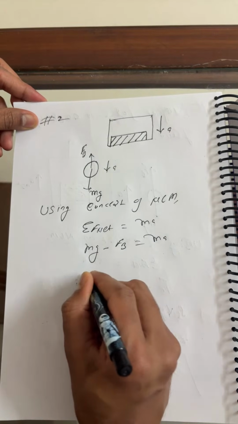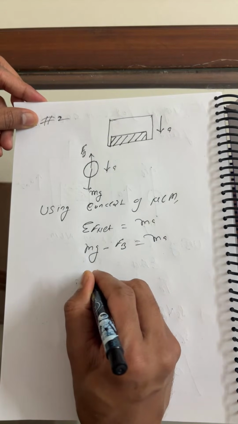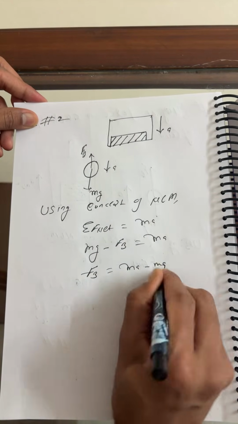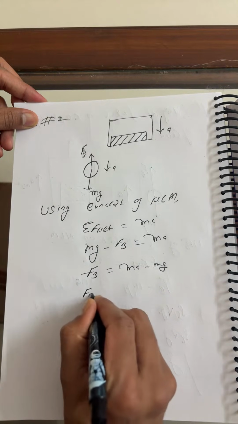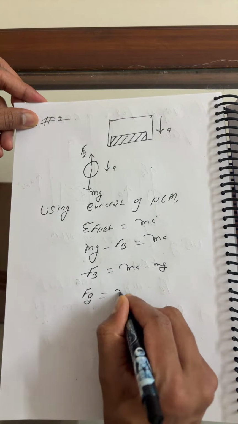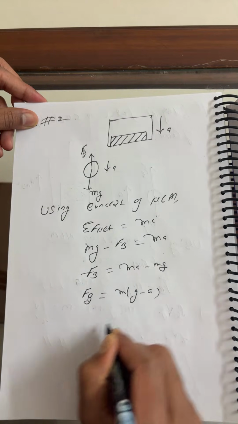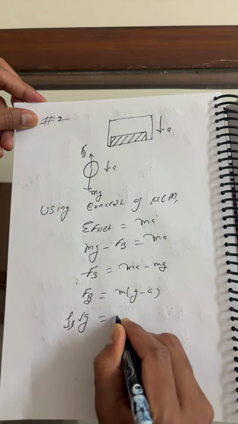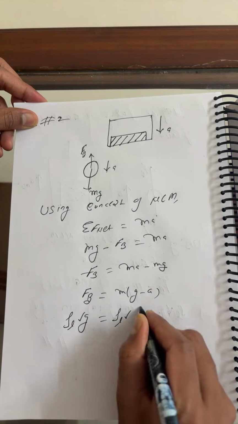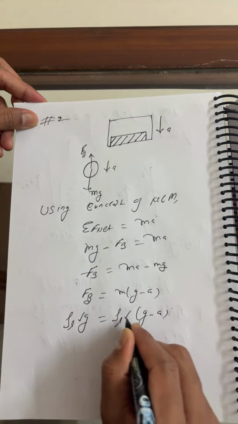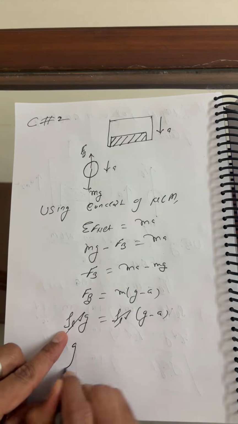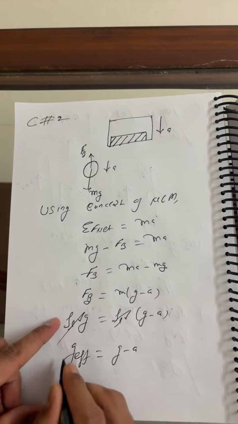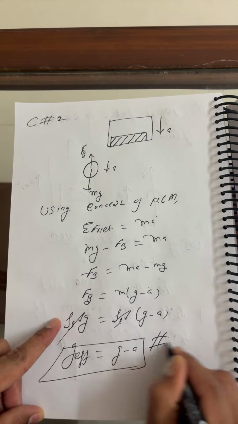So mg minus Fb equals ma. Minus mg, just take minus m common here. Fb, this is m times g minus a. This is density of liquid into V into g. Density of liquid into V into (g minus a), again this cancels. So g effective is equal to g minus a.